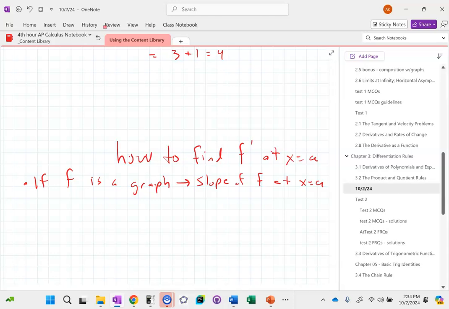Assuming it exists, right? What would I see in the graph of f if it doesn't exist? Vertical tangent, or a corner, or discontinuity. If I see any of those three, the derivative at x equals a doesn't exist, assuming those are all at x equals a, right? Okay.